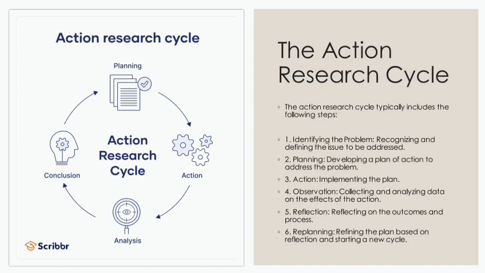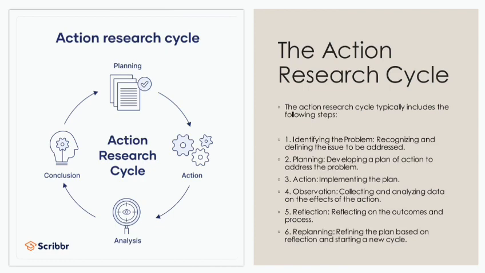Planning starts by identifying the problem you want to address. Conduct a literature review to understand existing knowledge and gaps. Develop a strategic action plan based on this understanding. Then you act. You implement your action plan. This step involves applying your strategies in a real world setting.